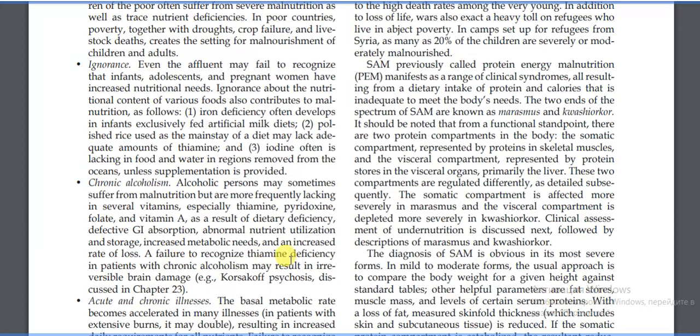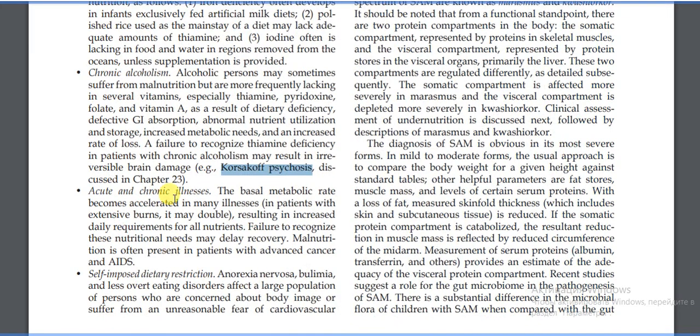Failure to recognize thiamine deficiency in patients with chronic alcoholism may result in irreversible brain damage. And this irreversible brain damage we also discussed before. It's Korsakoff psychosis. We'll discuss it more in chapter 23, which is about neurological diseases. It will be discussed, I guess, next year.